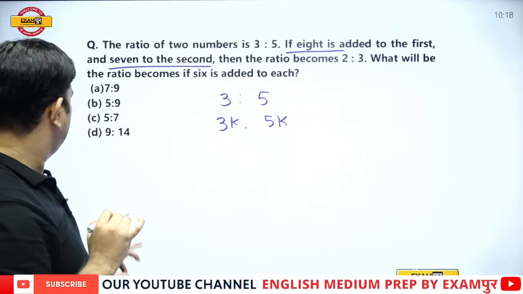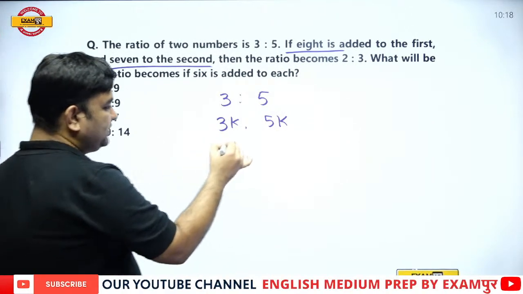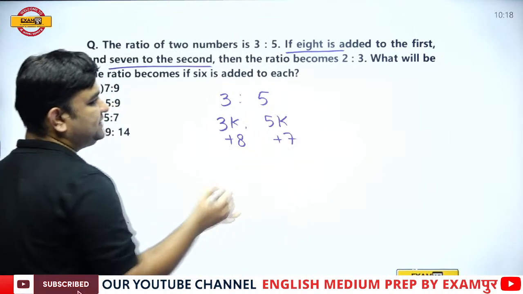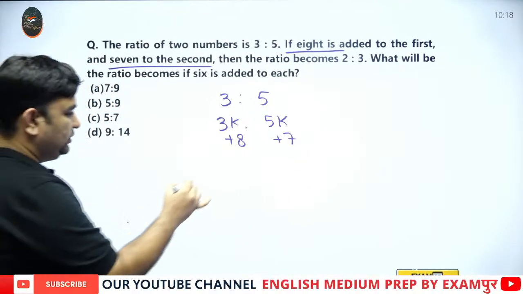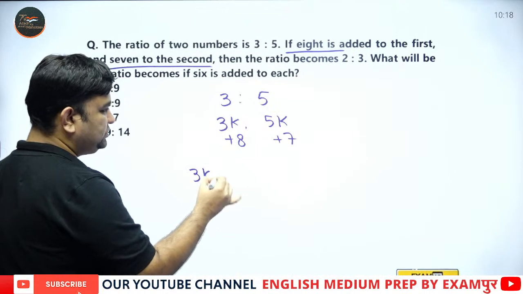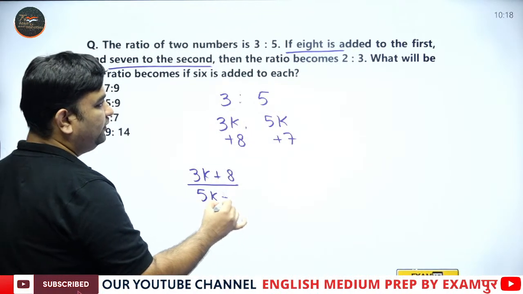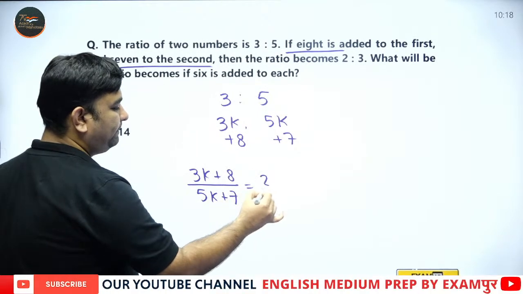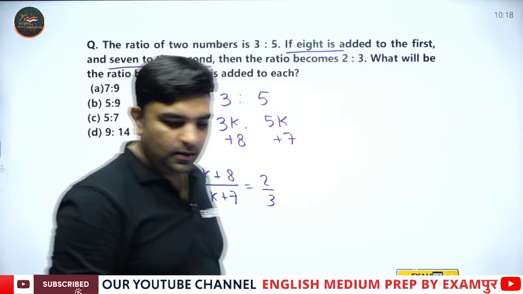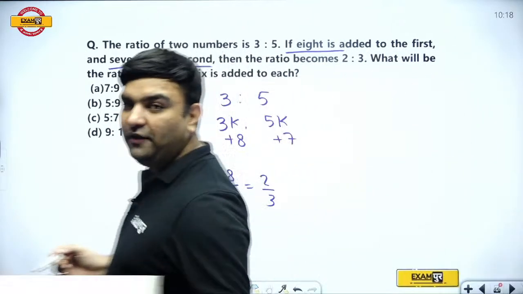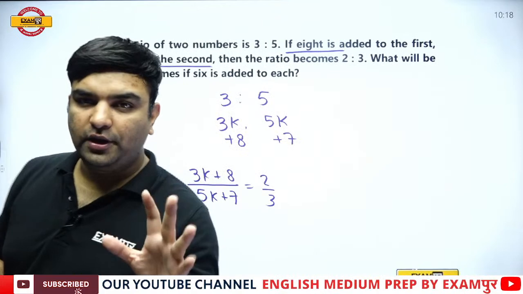Now, adding 8 to the first number, 3k plus 8, and 7 to the second number, 5k plus 7. So the new ratio, 3k plus 8 over 5k plus 7, would be in the ratio 2:3. Whenever you are adding different numbers, do not forget to take the k.